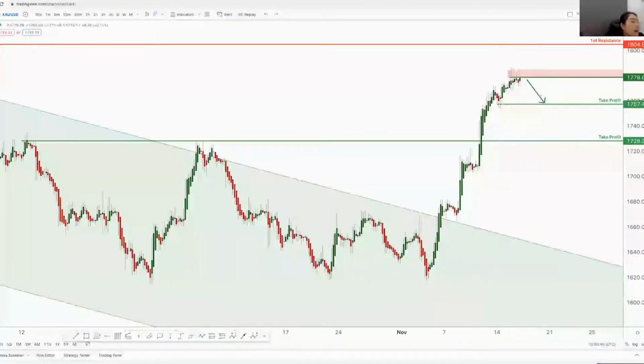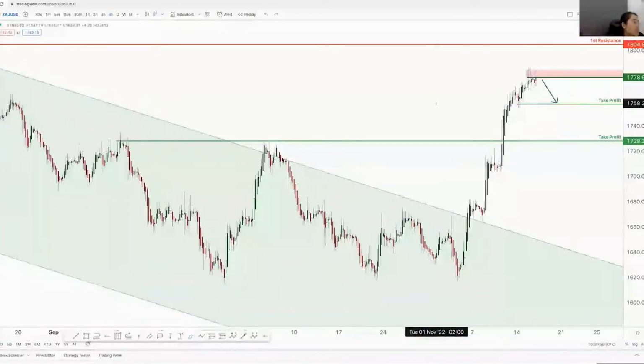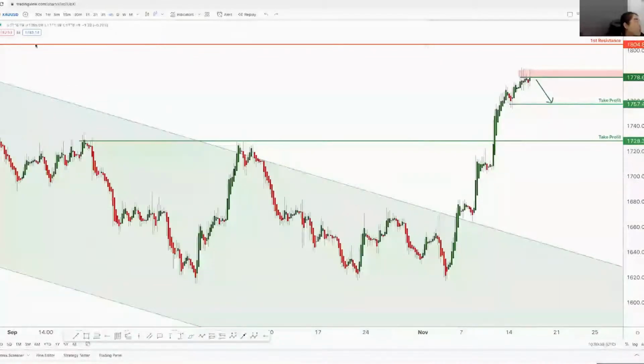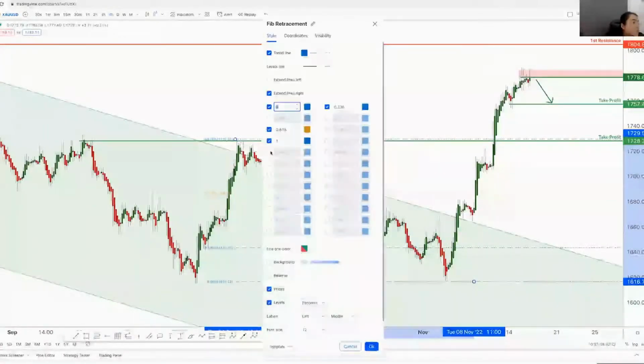Okay, the other thing that I am doing that is supporting this analysis is combining this with Fibonacci levels. So whenever you do an analysis, 1.389, sorry.